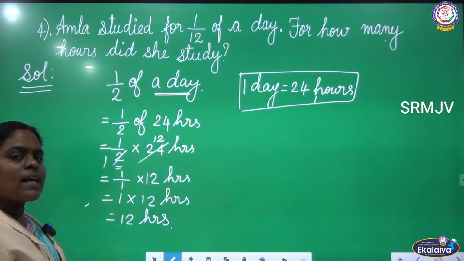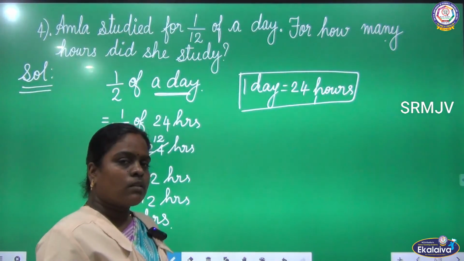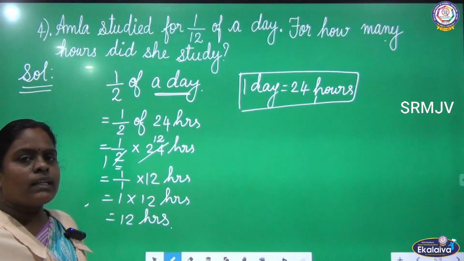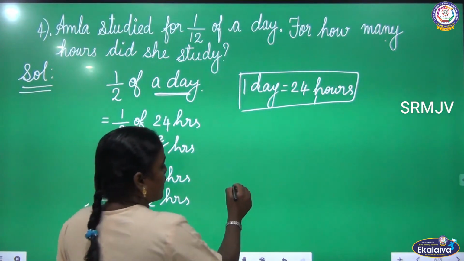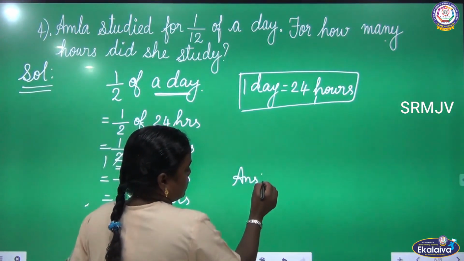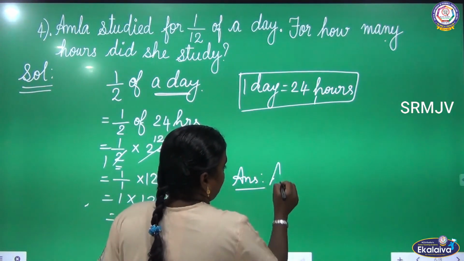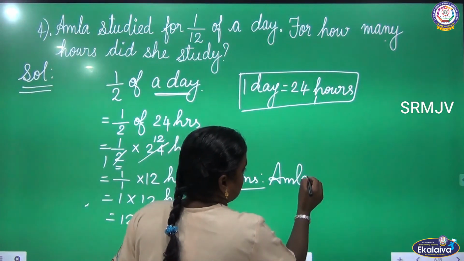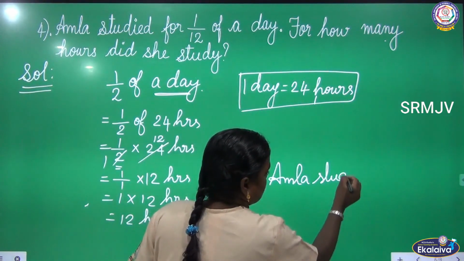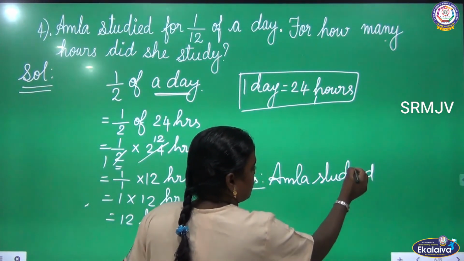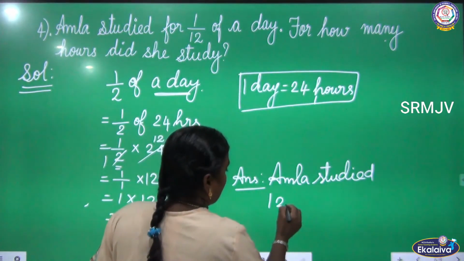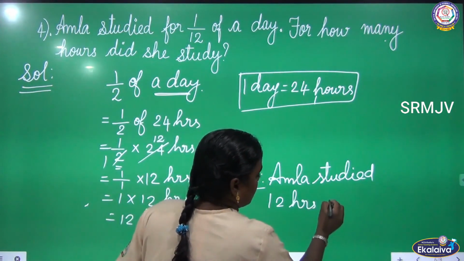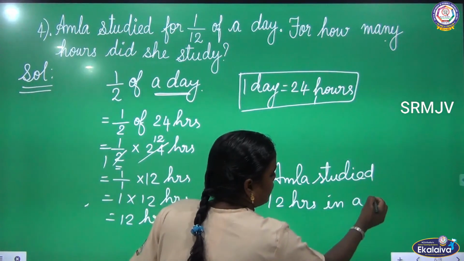So how many hours did she study? 12 hours in a day. So let us write the answer. Amla studied 12 hours in a day.